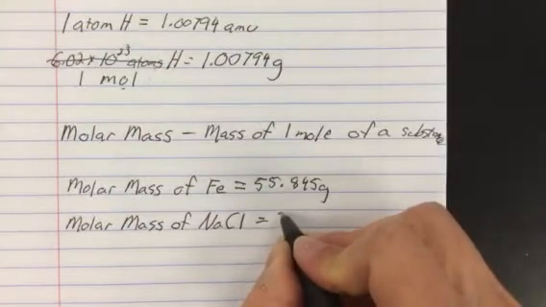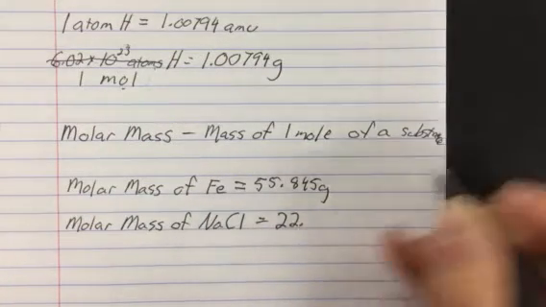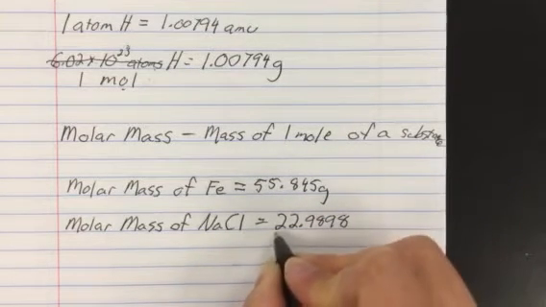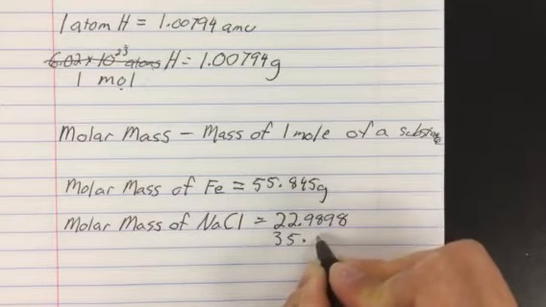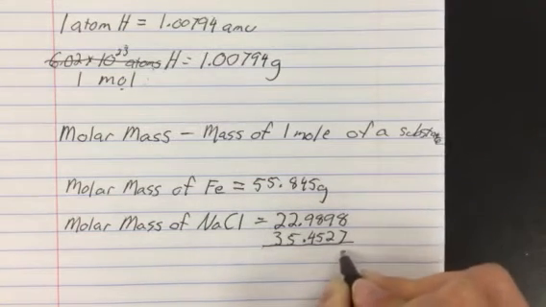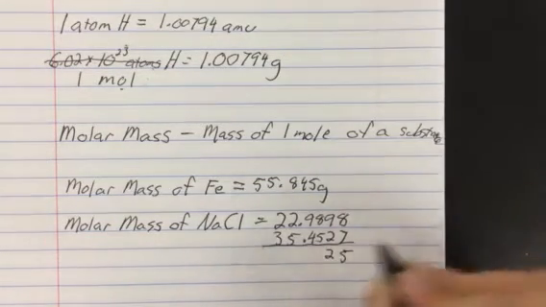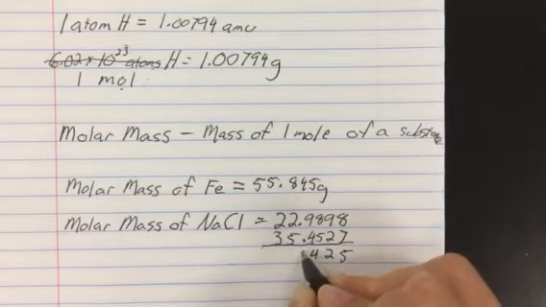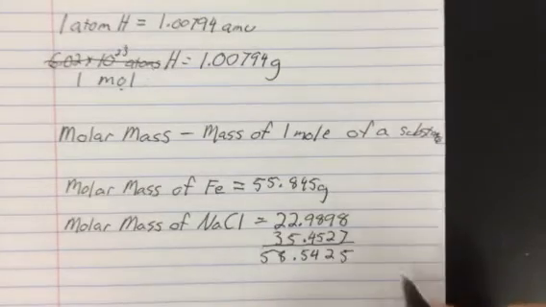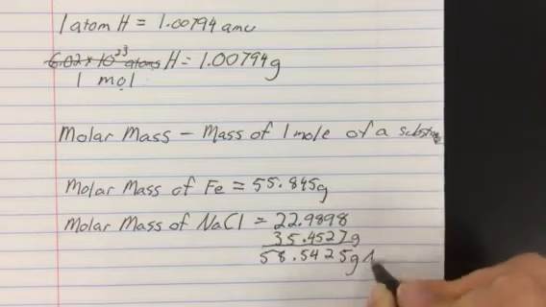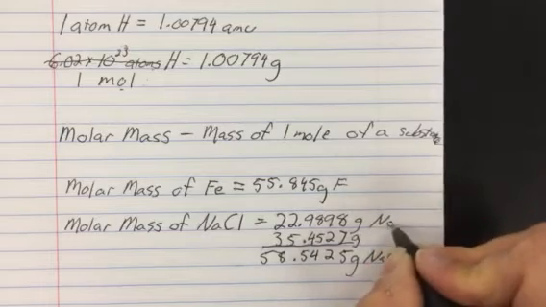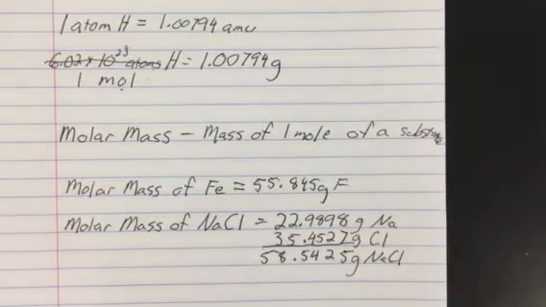And we add them together. And we put units on them. Humor me here. Grams of sodium plus grams of chlorine will equal so many grams of sodium chloride.